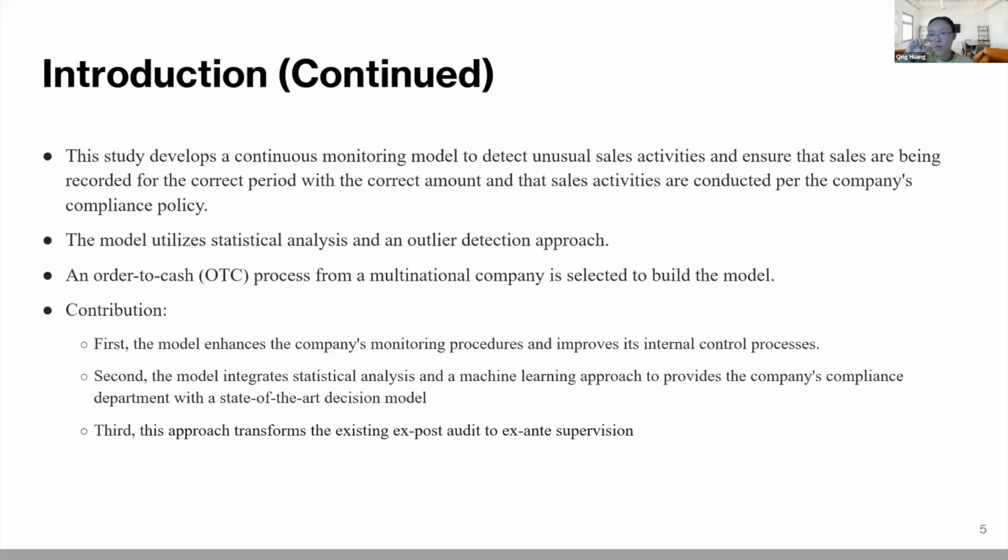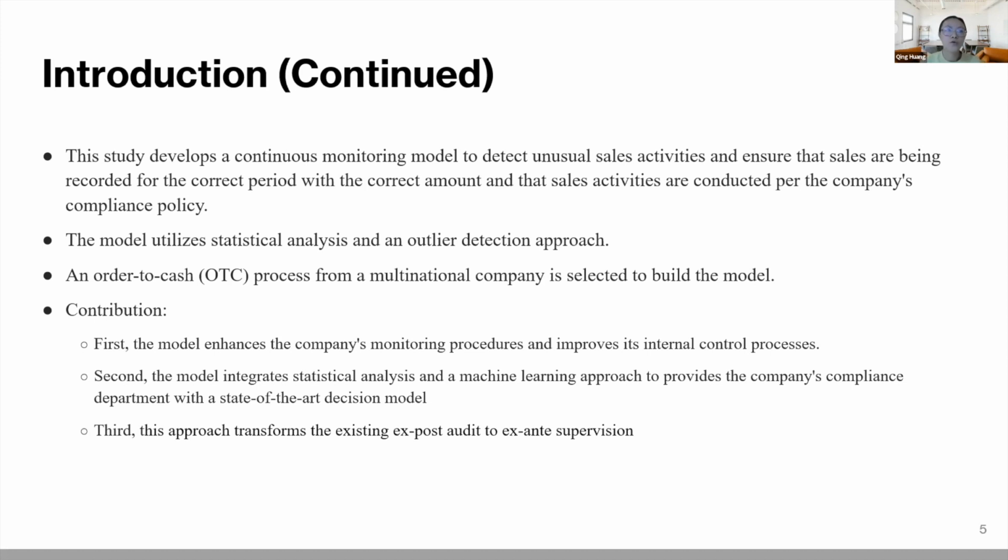So that's the reason why the management as well as us want to develop a continuous monitoring model to detect unusual sales activities, to ensure that the revenues, especially the sales-related revenues, are correctly recognized as well as recorded in the right period.